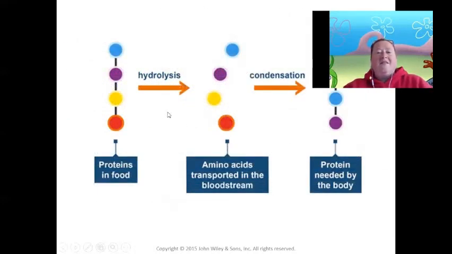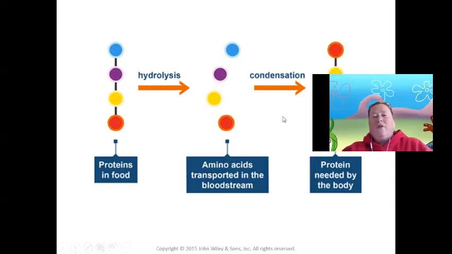And just a little representation of what happens in our bodies. So we eat the protein, and the amino acids, these residues, are held together with peptide bonds. They will break apart into the amino acids through hydrolysis, and then wherever these amino acids are needed, they will become parts of new proteins.